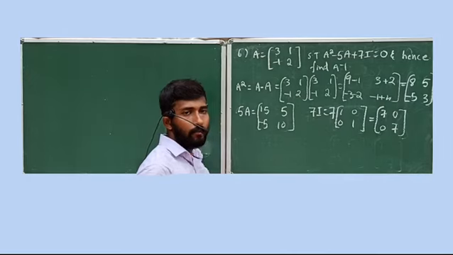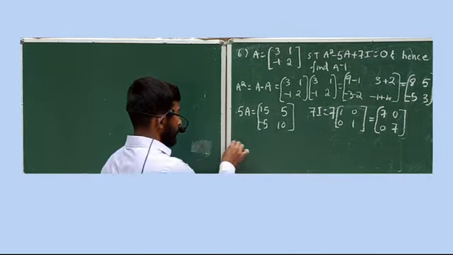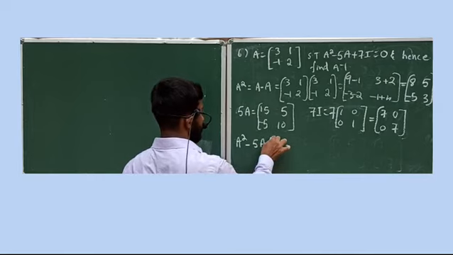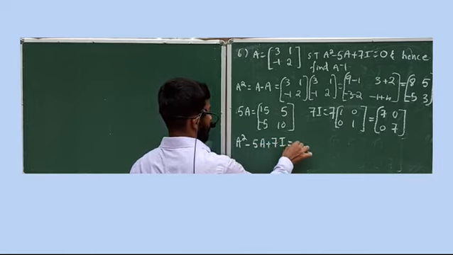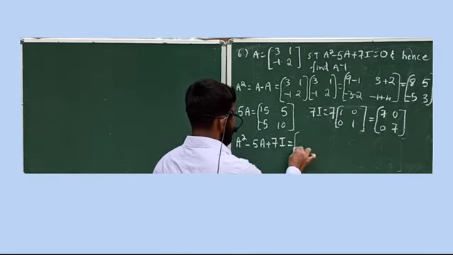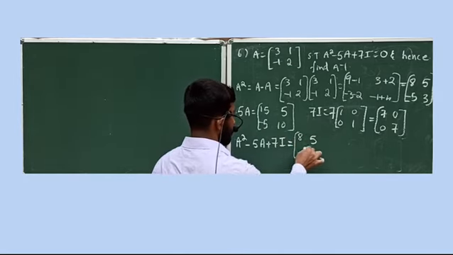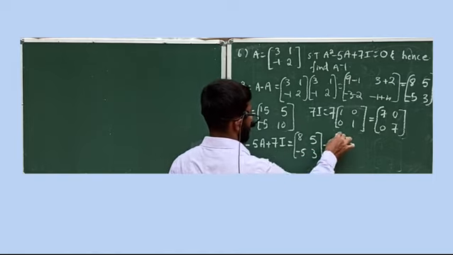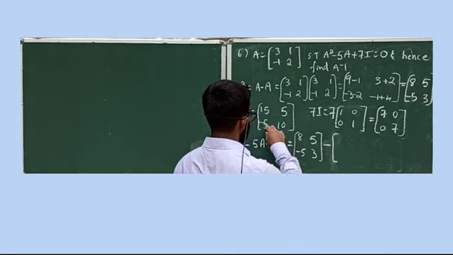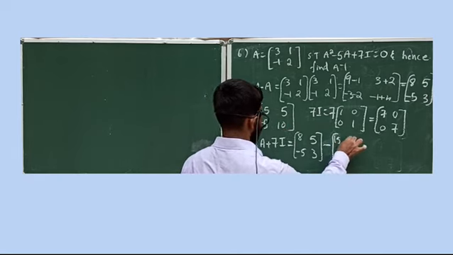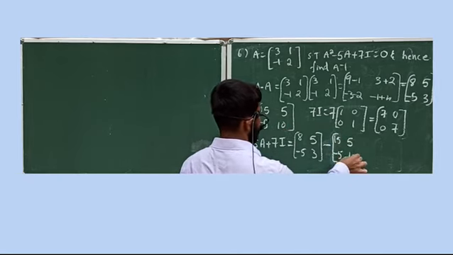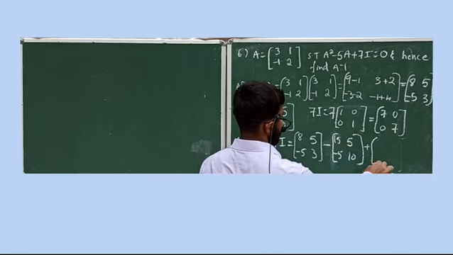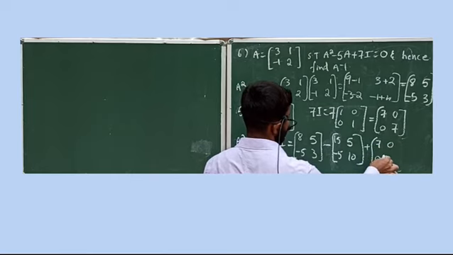Okay. Now substitute in the given equation. What is LHS? A square minus 5A plus 7I. It's equal to, A square value is [8 5; -5 3], minus 5A, minus sign outside, 5A value is [15 5; -5 10], plus 7I, plus [7 0; 0 7].